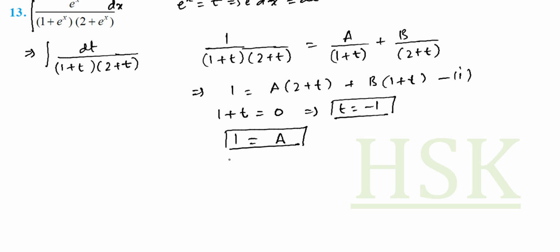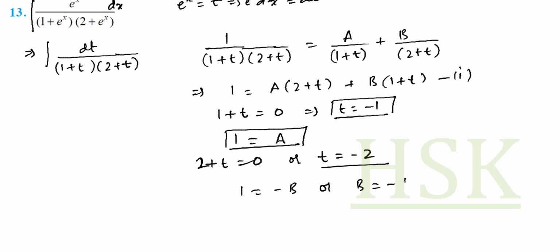Similarly, to calculate the value of b, I'm going to place 2 plus t is equal to 0. So this gives me t is equal to minus 2. On substituting t is equal to minus 2, the term a into 2 plus t will become 0 and this is going to become minus 1. So I'm going to get 1 is equal to minus b, or b is equal to minus 1.